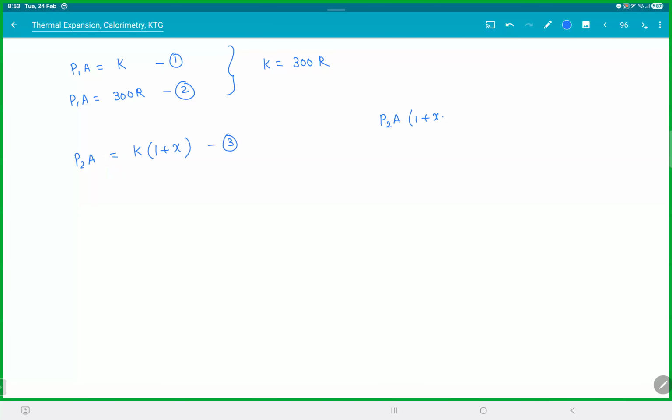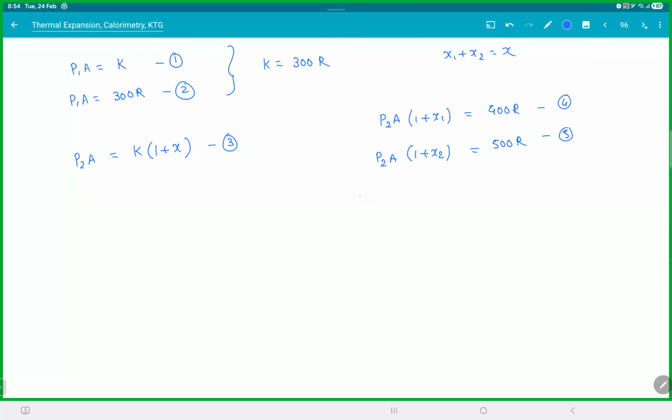P2A into 1 plus x1 is 400 R. P2A into 1 plus x2 is 500 R. And remember, we have taken x1 plus x2 is equal to x.